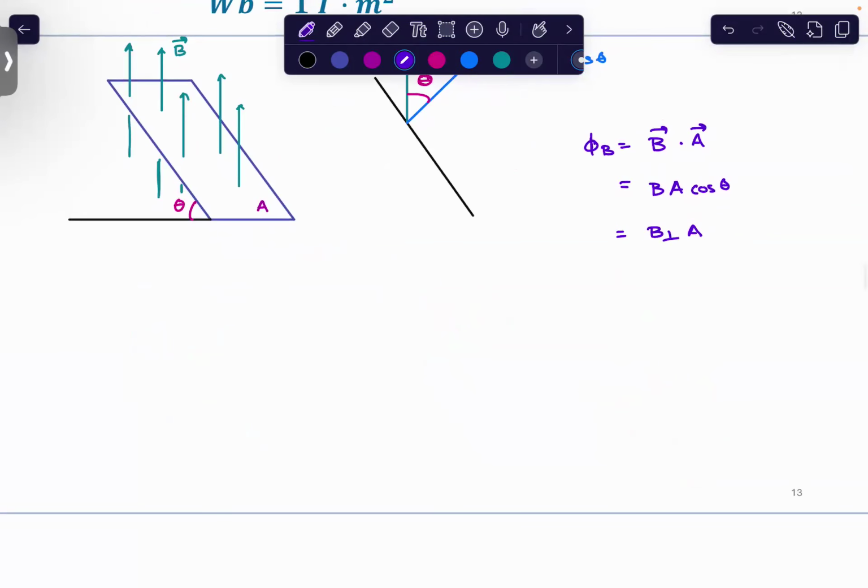Now we are going to need an EMF in terms of magnetic flux. Okay, so let's remember what electric flux looked like.